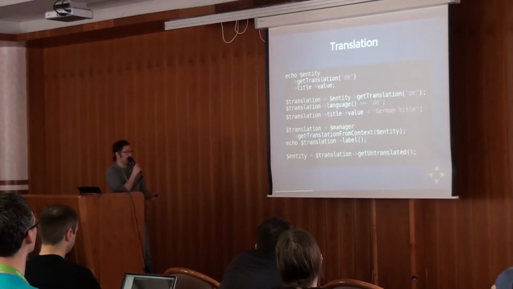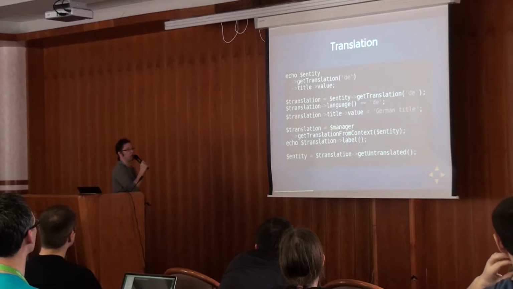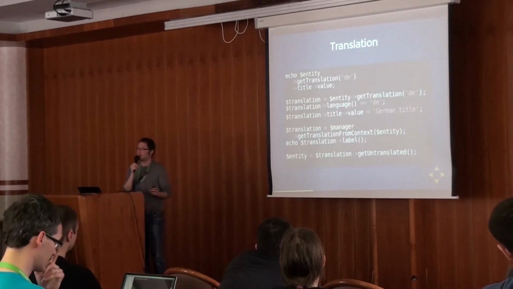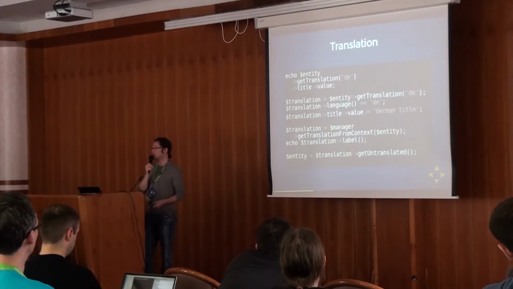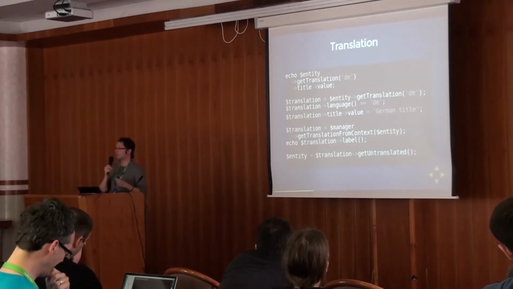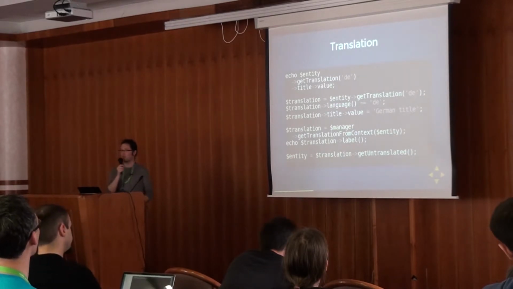There's also an important method on the entity manager, which is called getTranslationFromContext. It will basically always give you the translation that you should display on your site. Like when you go on a page to see a node, it should use that translation, because that's the translation that uses language negotiation and everything to make sure to pick the right translation for a user to look at.